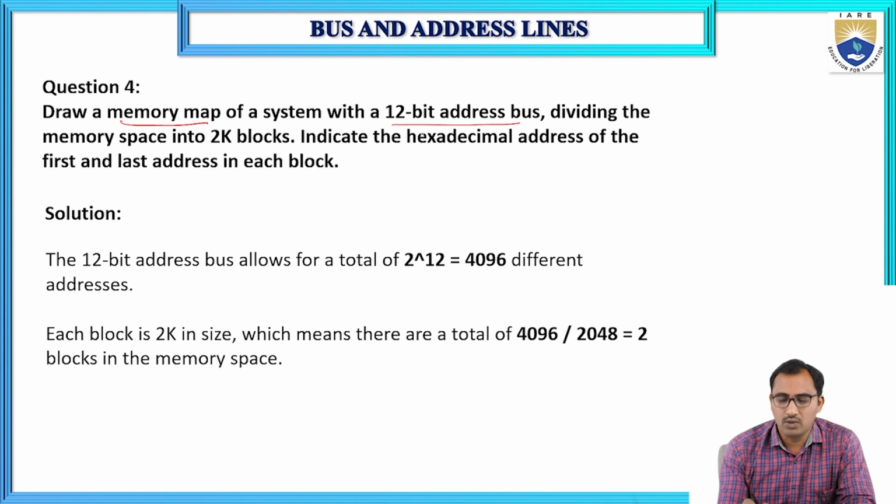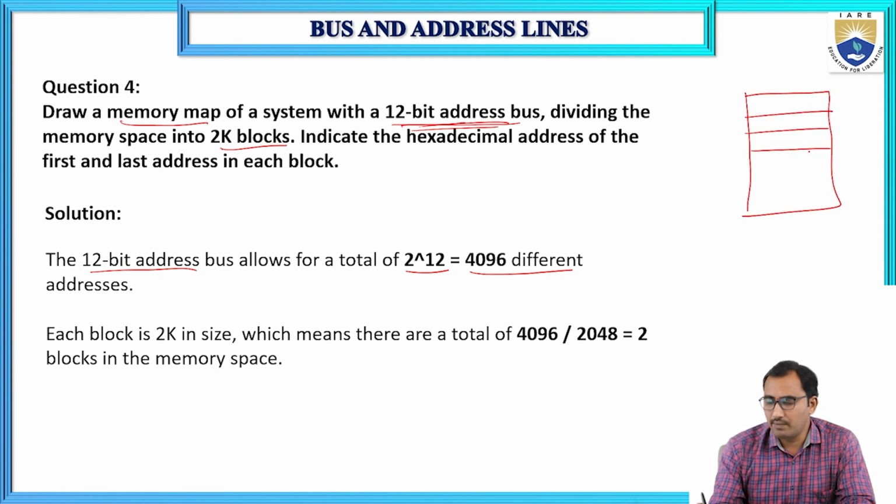There are 12 address lines, and the memory space is divided into 2K blocks, so the size of each block is 2 kilobytes. If the number of address lines is 12, we can access up to 2 power 12 memory locations, which means 4096 different addresses.